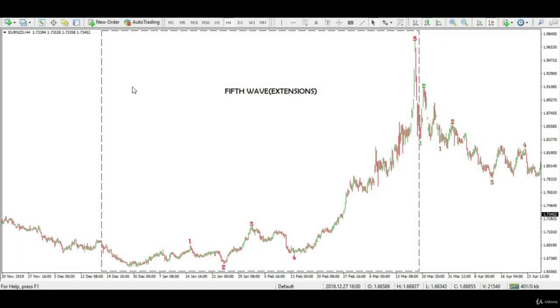We're looking at Euro and New Zealand dollar chart where fifth wave turned out to be an extended wave. This is because both wave 1 and wave 3 were normal, hence increasing the probability of extended wave 5th.